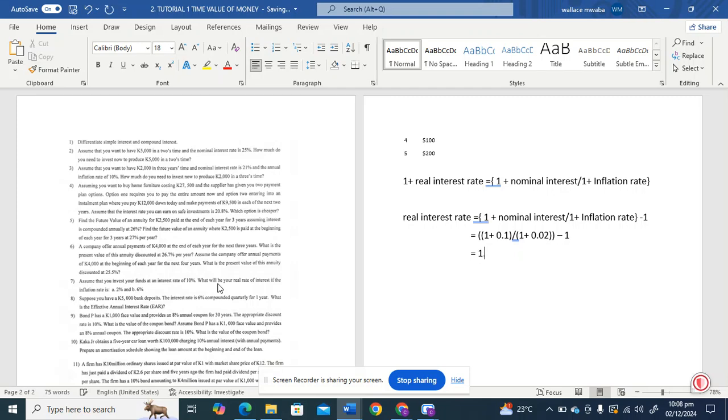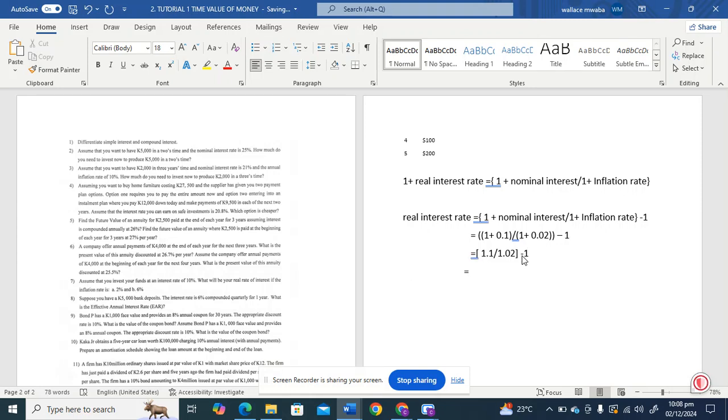So we have 1.1 divided by 1.02, minus 1.